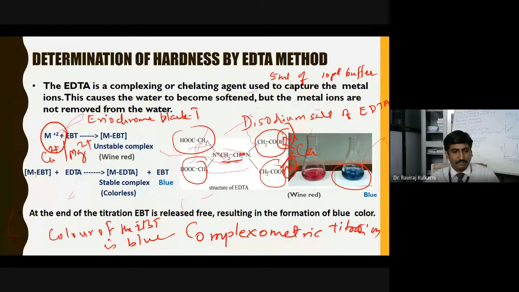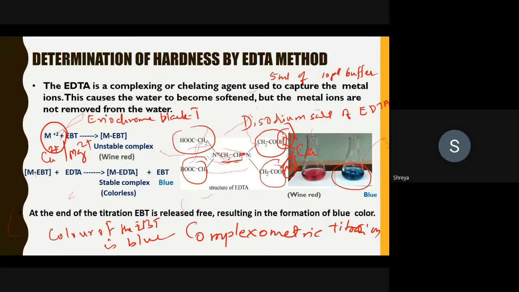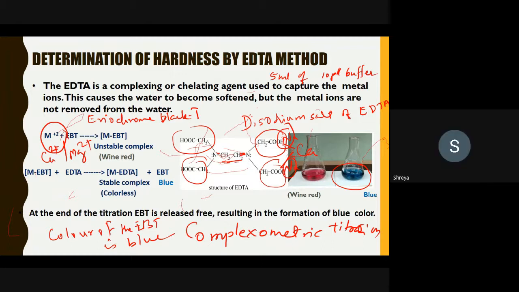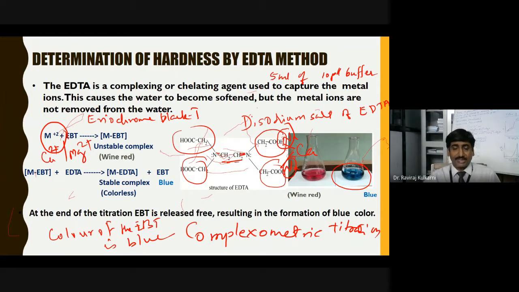What is a buffer? It maintains the pH of the solution constant. It resists the change in pH upon addition of a small amount of base or acid. Even if you add a small amount of acid, it will not change its pH.